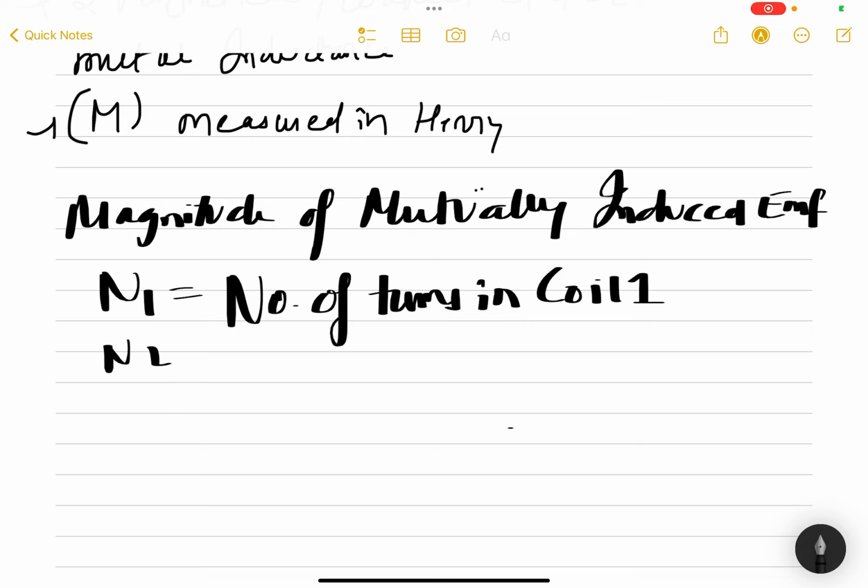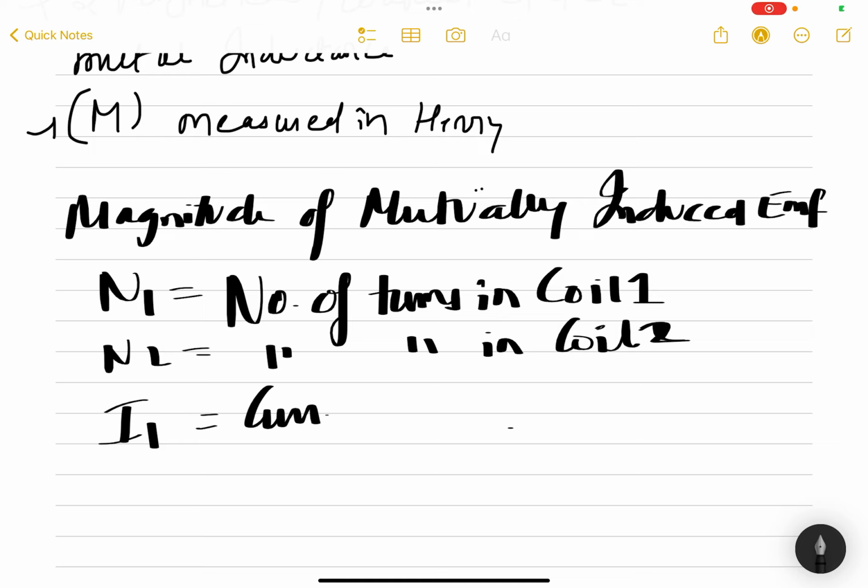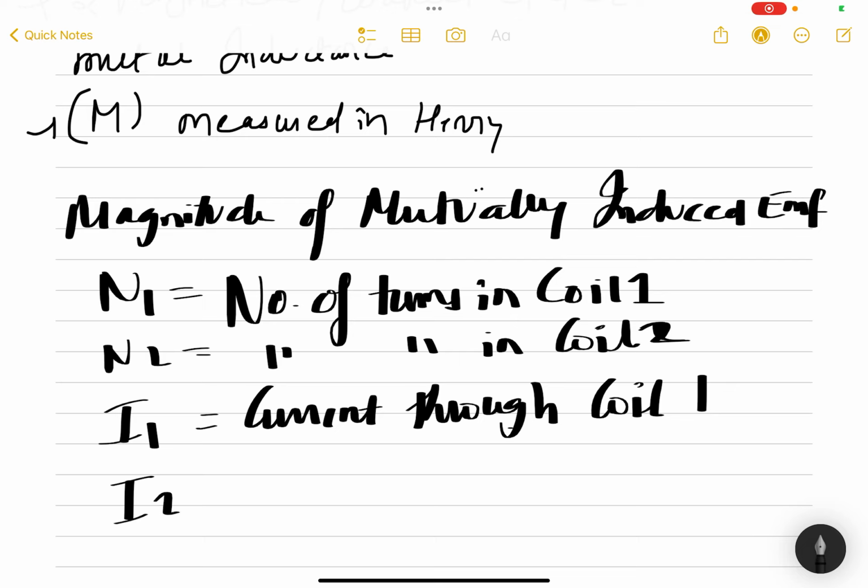N2 will be the same for coil 2, and I1 will be the current in circuit 1, I2 the current in coil 2.